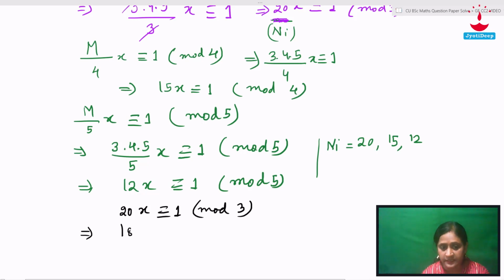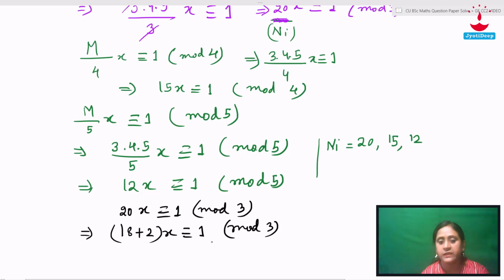So we can write here 18 plus 2 into x is congruent to 1 under mod 3. So this implies 2x is congruent to 1 under mod 3. Why? Because 18x will have 0 remainder, completely divisible. Now 2x is congruent to 1 under mod 3. From here we will find bi. How?